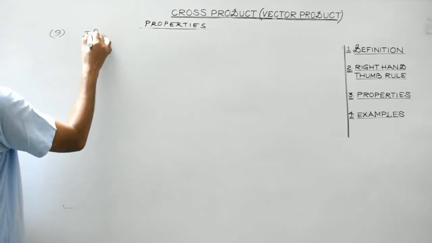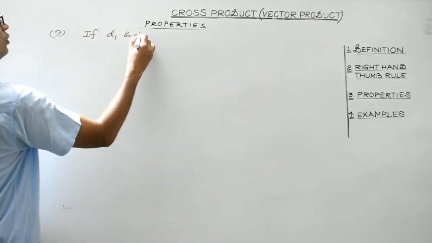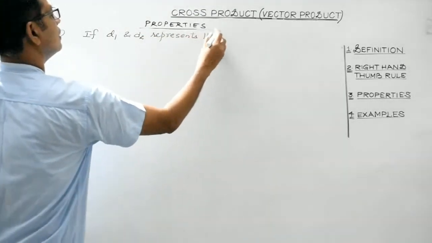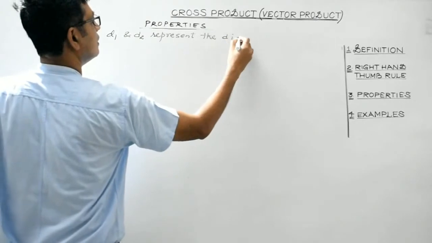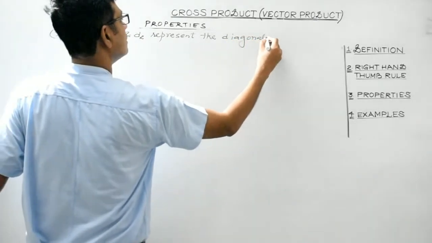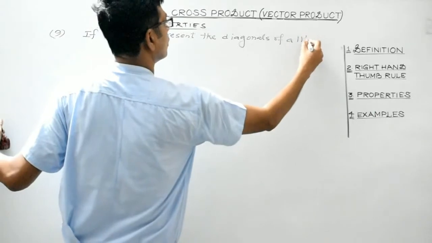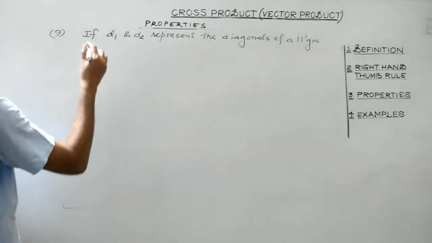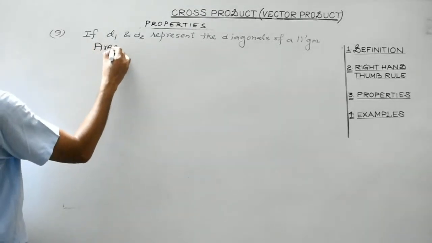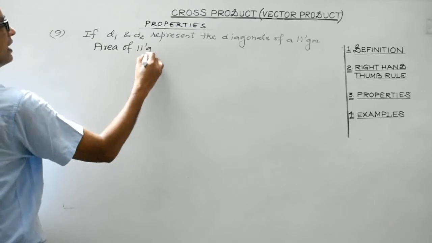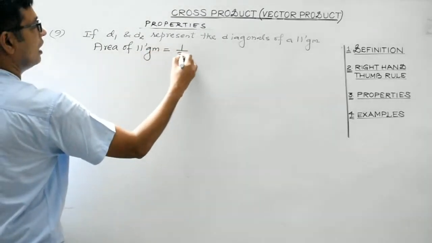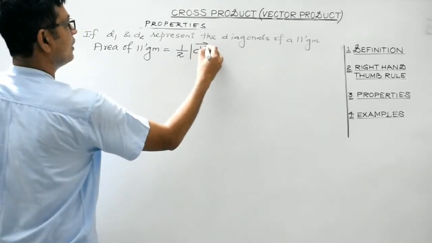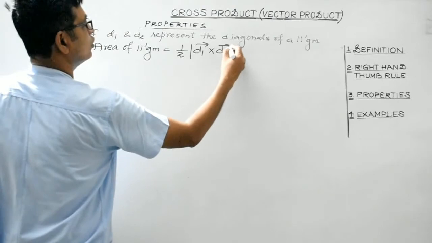So if d1 and d2 represent the diagonals of a parallelogram, then the area of the parallelogram having diagonals d1 and d2 is given by half the magnitude of the cross product of d1 vector and d2 vector.